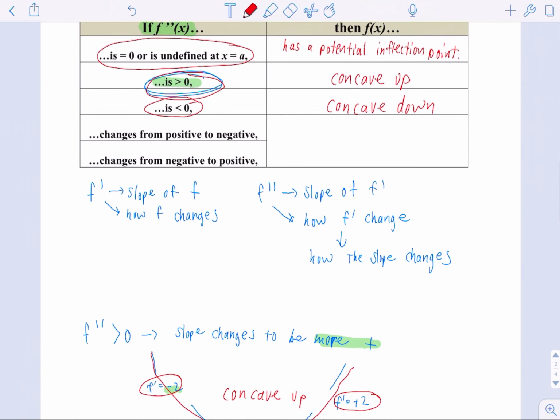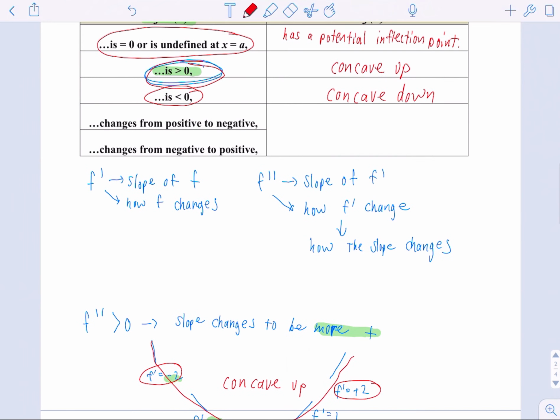An inflection point looks like this. Okay, let's say this is a function. It says the inflection point is when the second derivative changes from positive to negative, right? So what was it when the second derivative is positive? Isn't this concave up? And if the second derivative is negative, we said it's concave down.